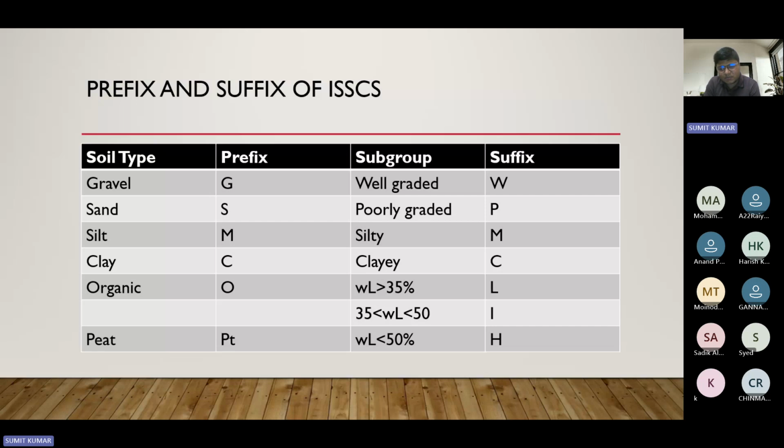When we talk about the subgroup, W is well graded, P is poorly graded, M is silty, C is clay. And for the organic, liquid limit less than 35% is low, 35 to 50 is intermediate, and greater than 50 is high.